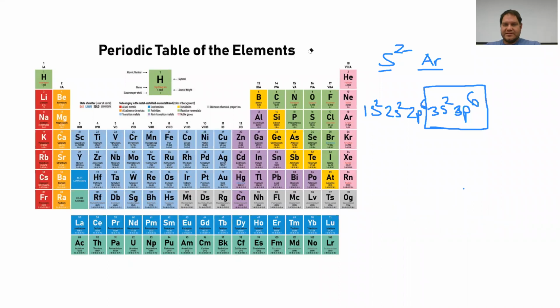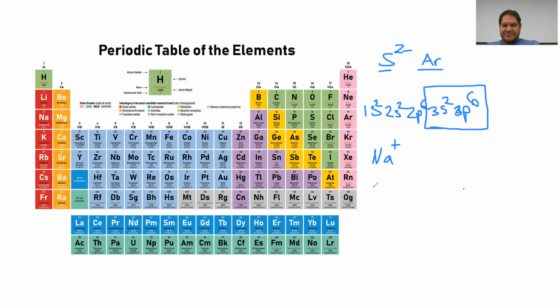All right, let's go on to some other ones here. Let's do sodium ion, okay? So Na plus. Because it's a +1, that means sodium's lost 1 electron. So again, I'm just going to go ahead and write out the electron configuration for just neutral sodium.